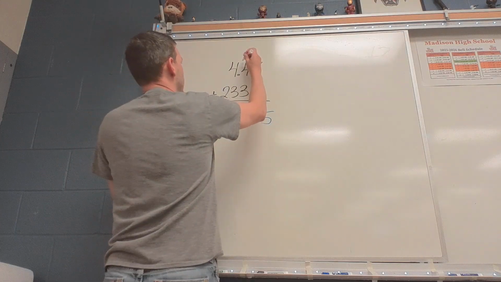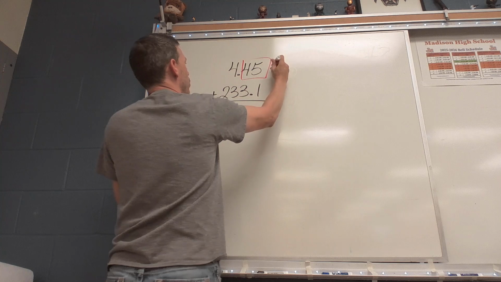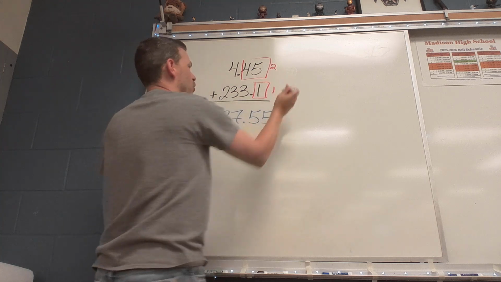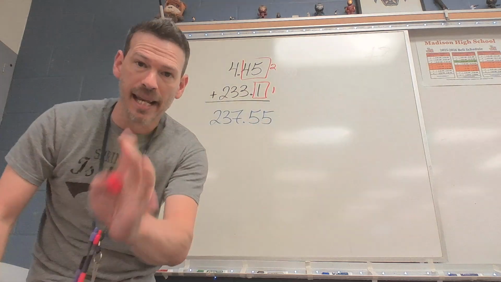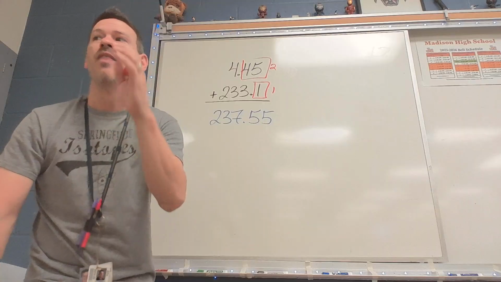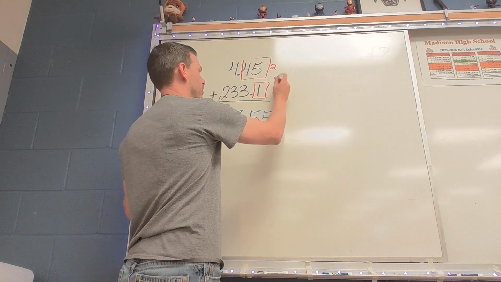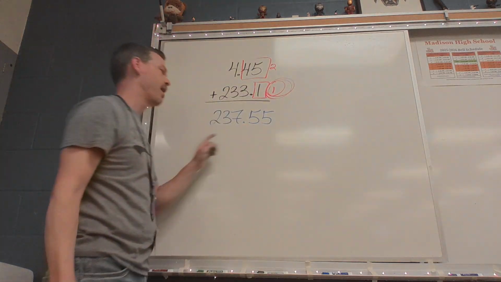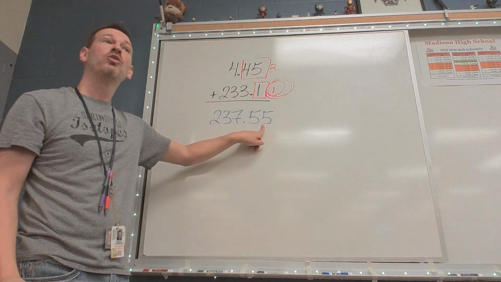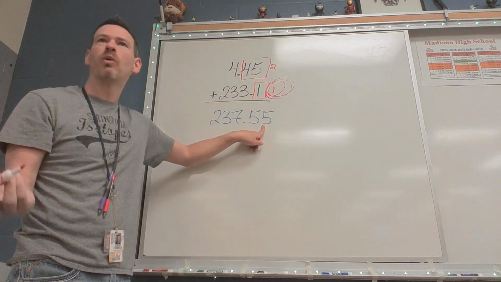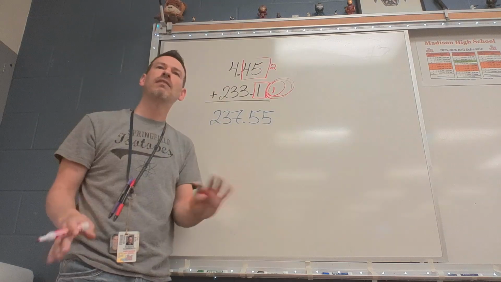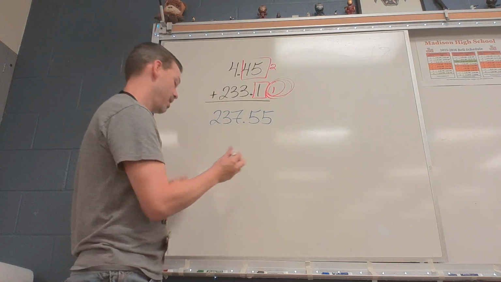So, do you see how right here there's 2 digits and right here there's 1 digit? That means in my answer, the digits to the right must be what? 1. And right now it's 2, which is no good, right? The smaller number is winning. So I don't care about the 237. Leave those alone when you're adding, subtracting.